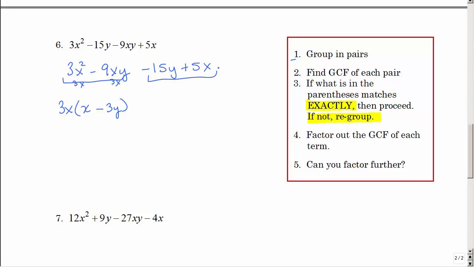Then these in common. And again, that minus is in front, so I want to take out a negative, and how about 5? So if I divide each of these by negative 5, that's going to go in there positive 3y minus x. Do those match exactly? No, but man, they're darn close, right? X minus 3y, 3y minus x, they're almost the same.